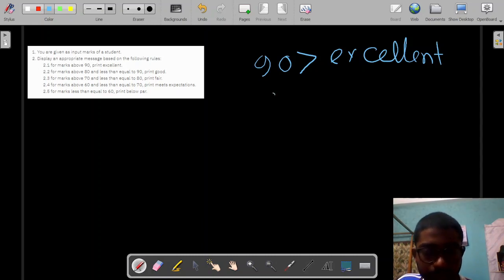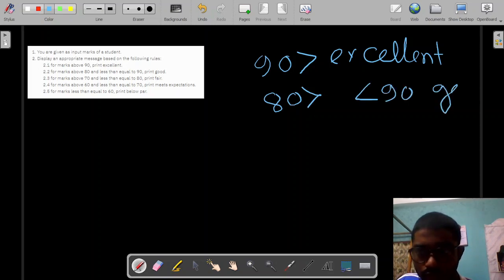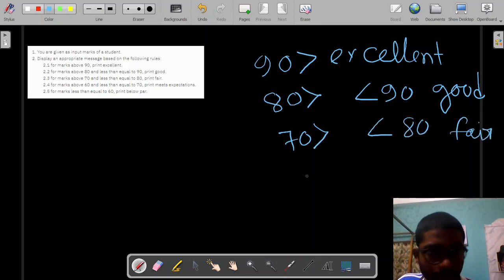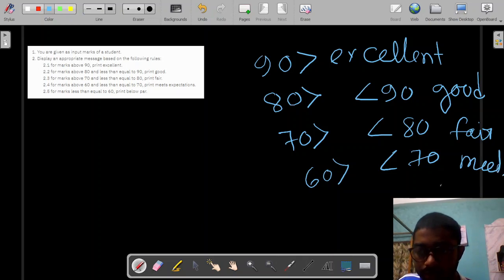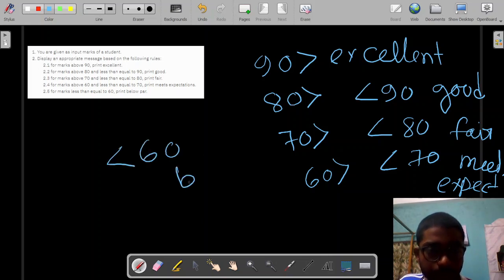And the next line, if the student got greater than 80 and less than 90, then we need to print good. And then if the student got greater than 70 and less than 80, we need to print fair. And if the student got greater than 60, less than 70, then meets expectation. And the last line, if he got less than 60, then print below par.